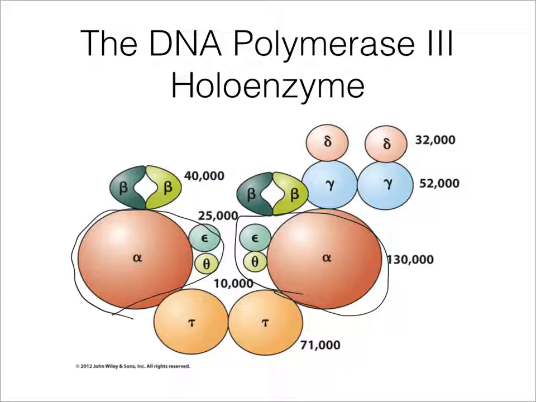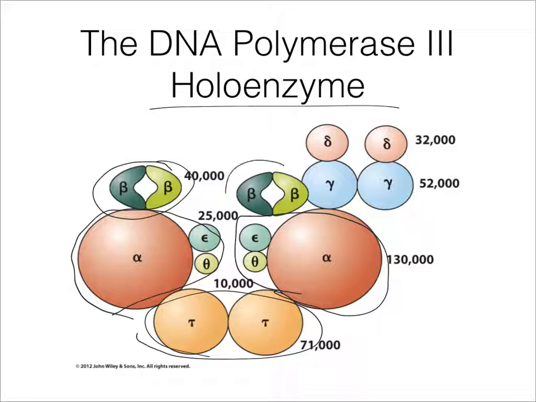They're in the same holoenzyme complex. And they're moving the same direction. What you see down here, this is tau. Tau's a linker. It's what's going to connect the two core enzymes together. And then you have the beta clamps. The beta clamps are like hands that clamp around the strands. And when they clamp around the strands, they keep the enzyme from letting go.